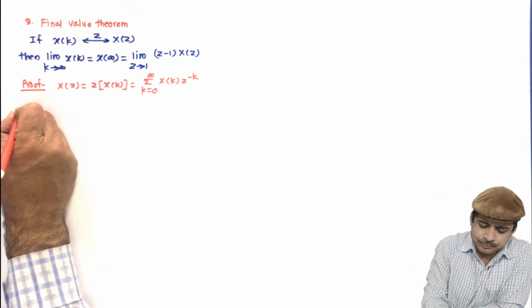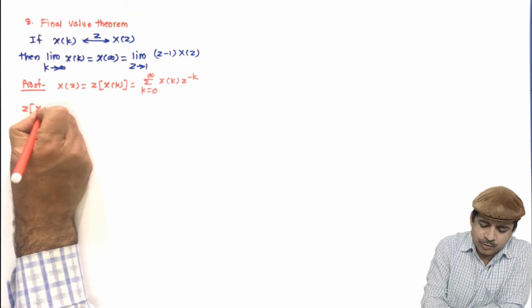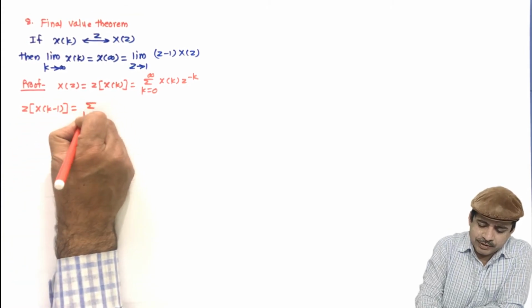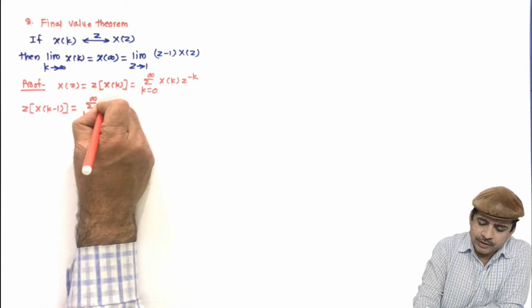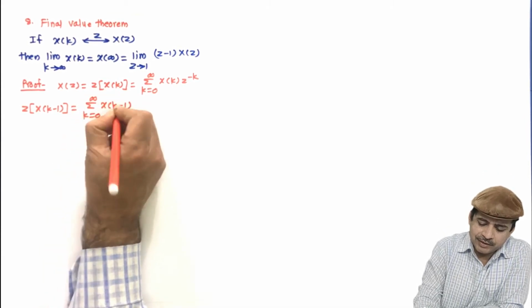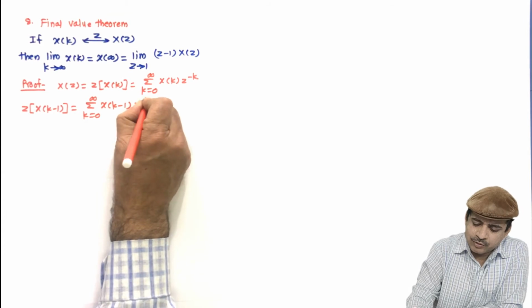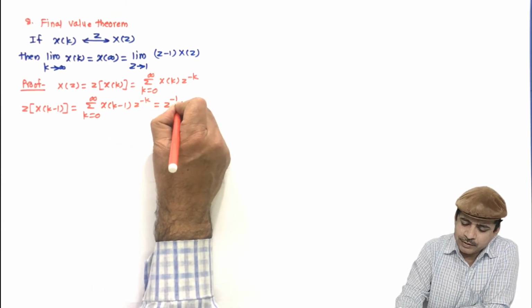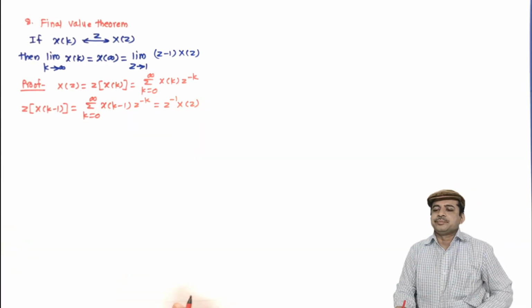The z transform of x of k minus 1 will be equal to summation k equal to 0 to infinity x of k minus 1, this is the signal, z raised to minus k, and that is equal to z raised to minus 1 into x of z.